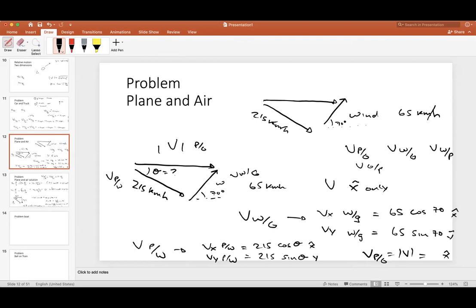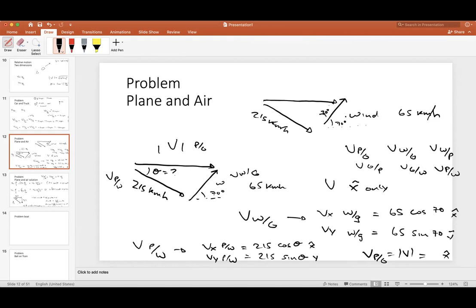You need to be able to identify in the problem statement what each of those are. This is an example problem that's given in your book. Go through it, look at it, and try to identify it. When they give this problem, they actually give you this angle as 20 degrees. I moved it to the more familiar 70 degrees.